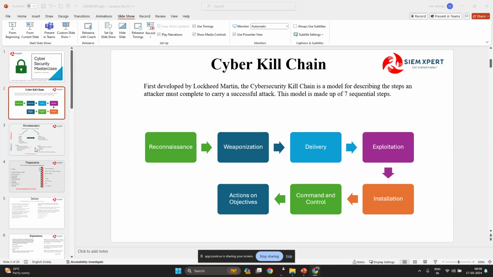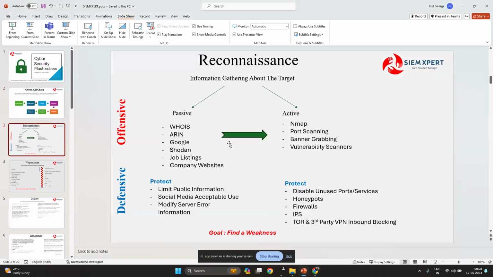if you're going to look at, let's say, a reconnaissance stage, the goal of this stage is basically to find a weakness by understanding your target. So mainly it is of two types. One is active and one is passive. Passive is information out of the internet, things like your company website.